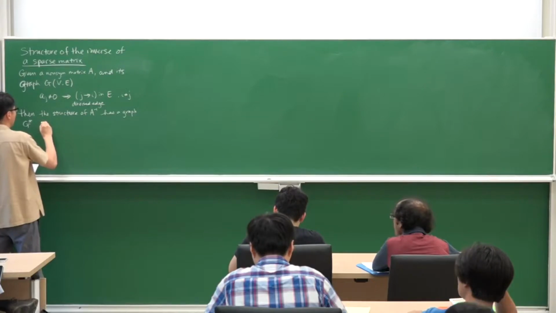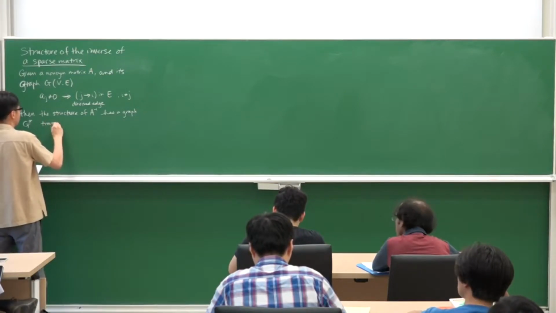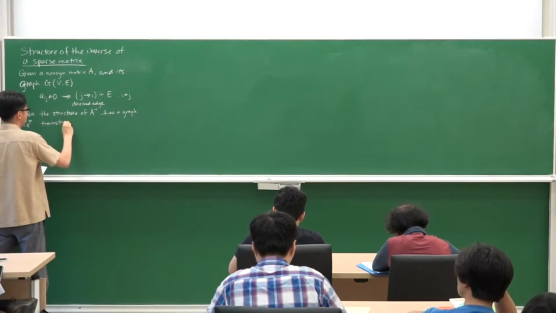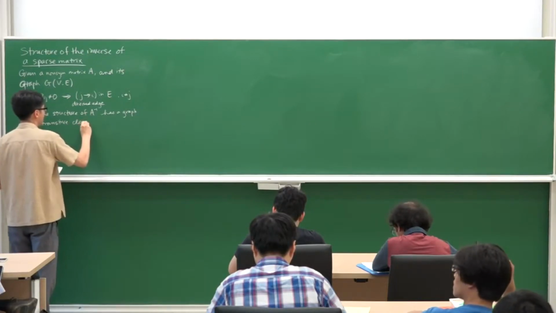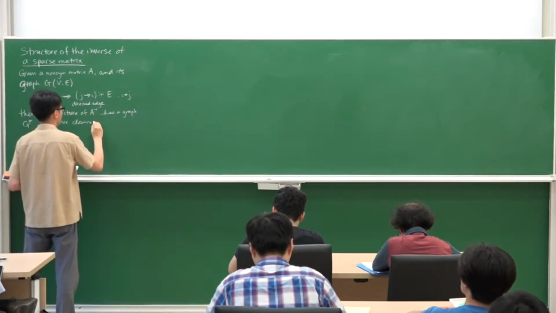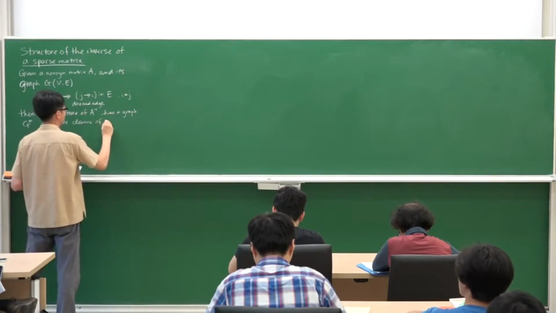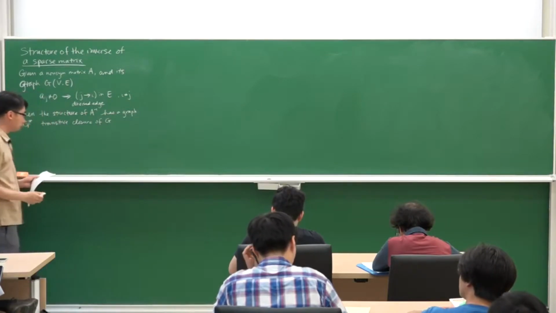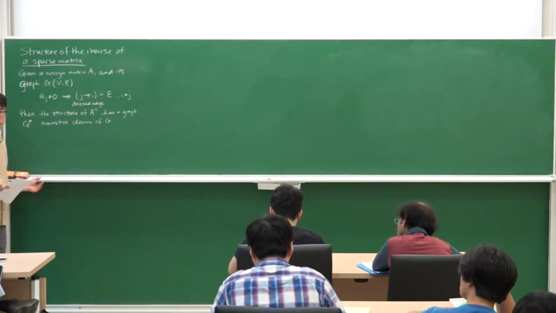And this graph is the transitive closure, I'll explain that in a moment, of the graph G. Okay, so let me explain what the transitive closure is.